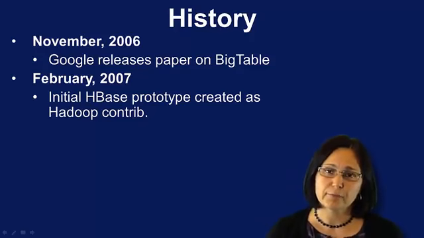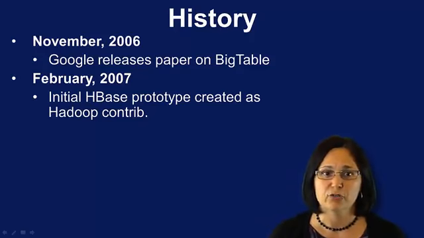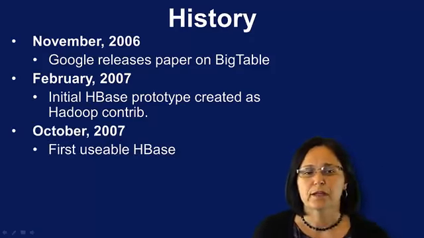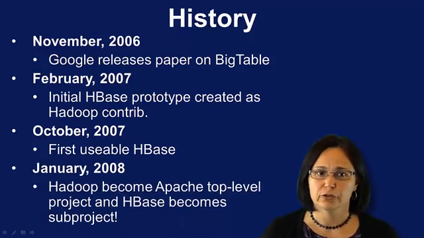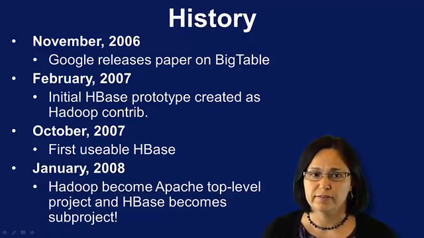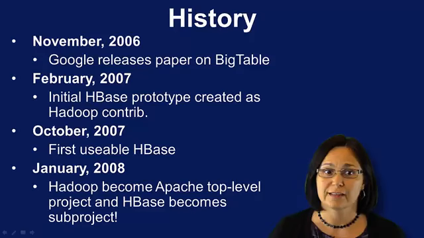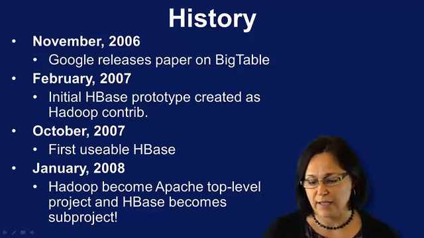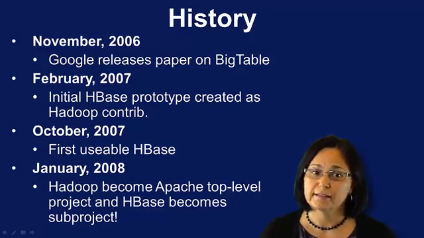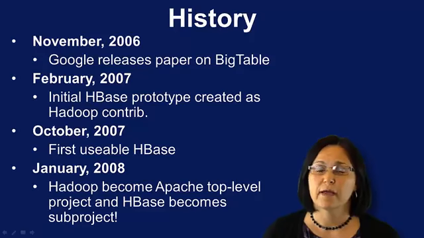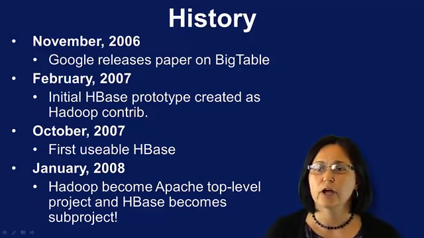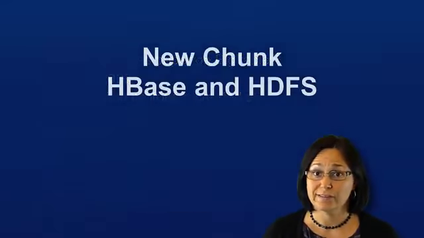In about February of 2007, the initial HBase prototype was created and contributed to Hadoop. Fast forward to October of that same year, the first usable HBase was delivered, and in January of 2008, Hadoop became the top-level project, and HBase became one of the sub-projects, and it still is. Ever since, there have been many releases of HBase, and it is one of the most commonly used applications within the Hadoop stack.